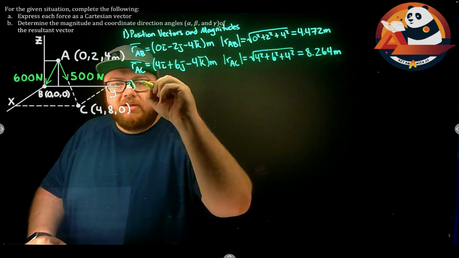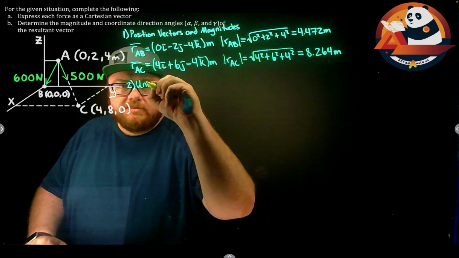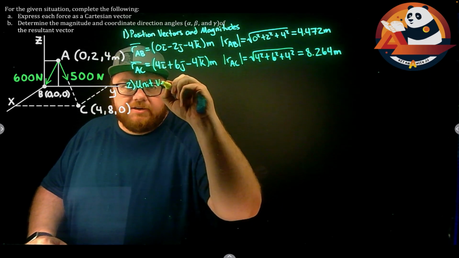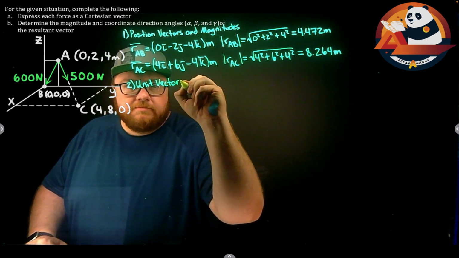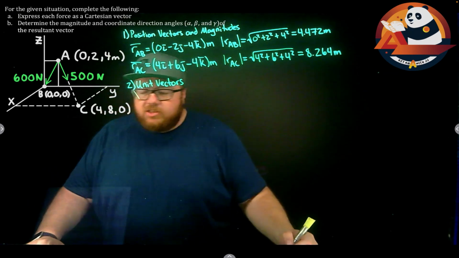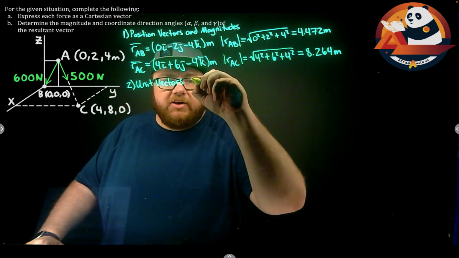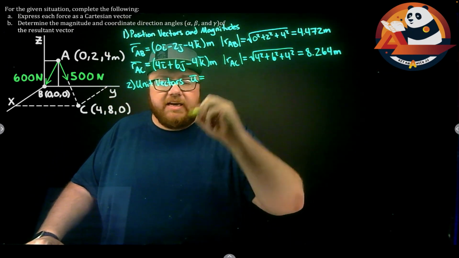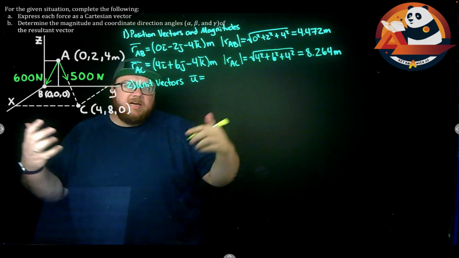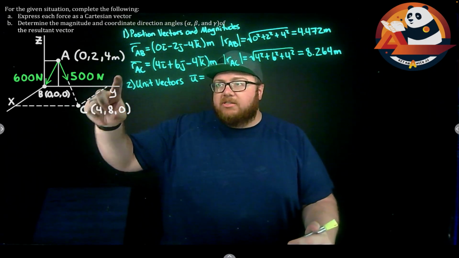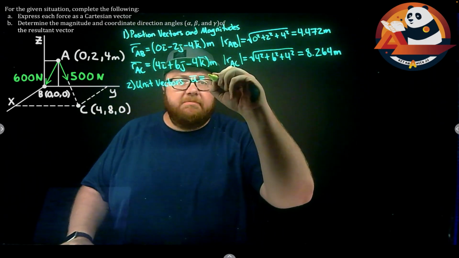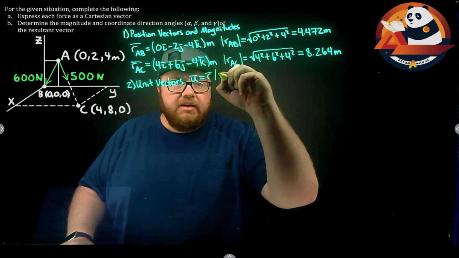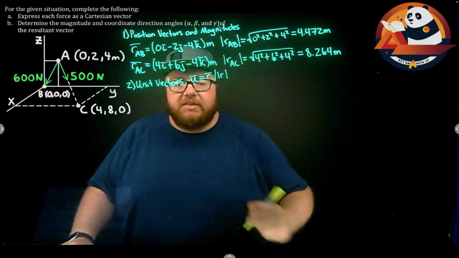So step 2, let's get unit vectors. Any unit vector is a full vector divided by the vector's magnitude. So this is the position vector divided by the magnitude of the position vector.